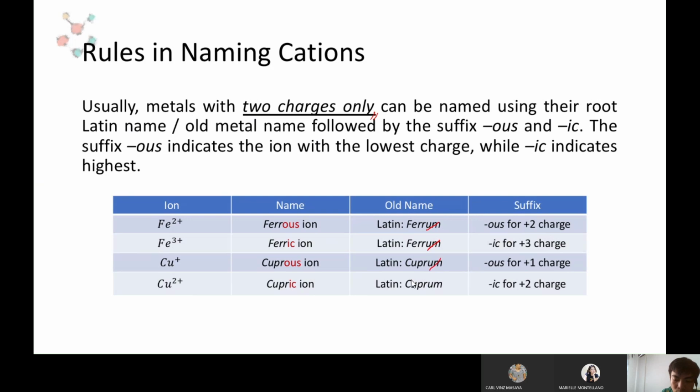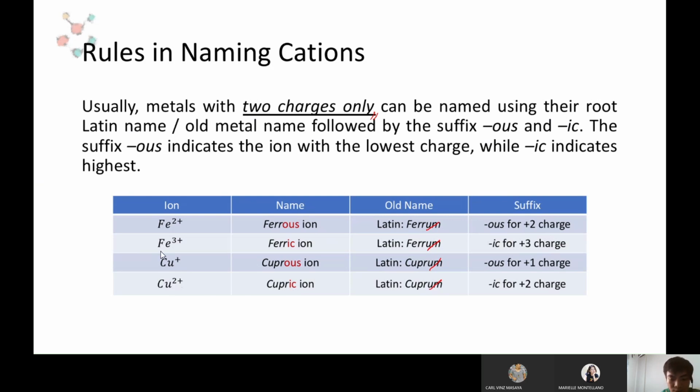You just remove the -um, so you have cupr-. Then what do you do? You affix the suffix -ous or -ic. Look at the two ions. Which one is lower? That's the positive 1. So you will use -ous for that positive 1, so the name of the positive 1 is cuprous. And for the positive 2, you will use -ic, so its name is cupric.